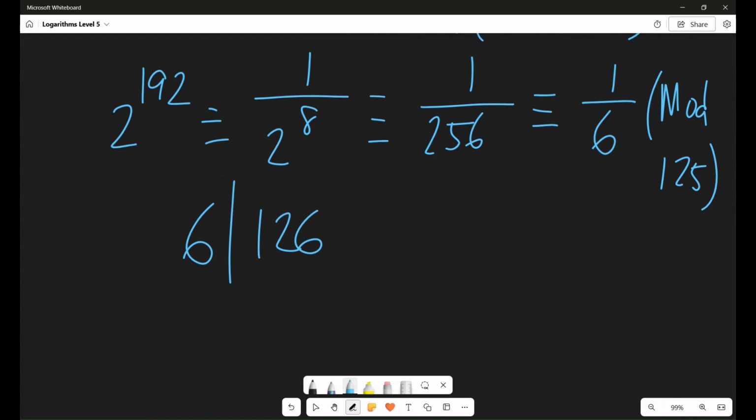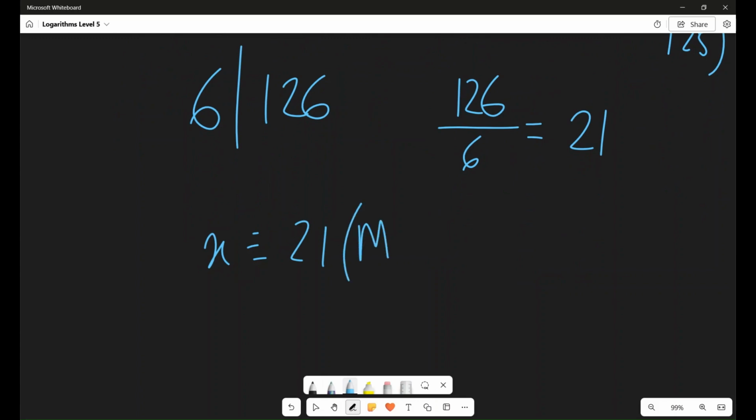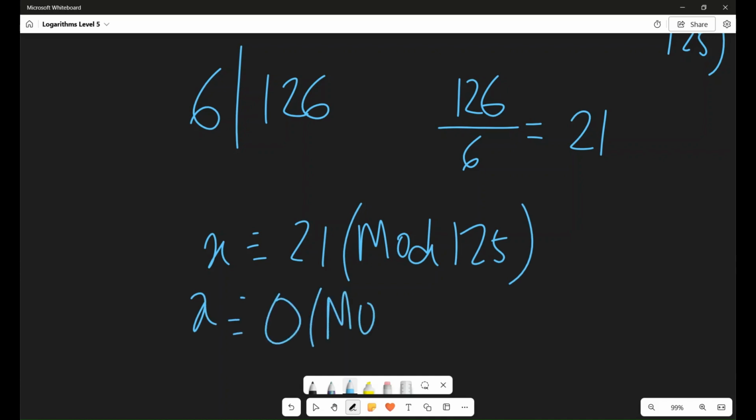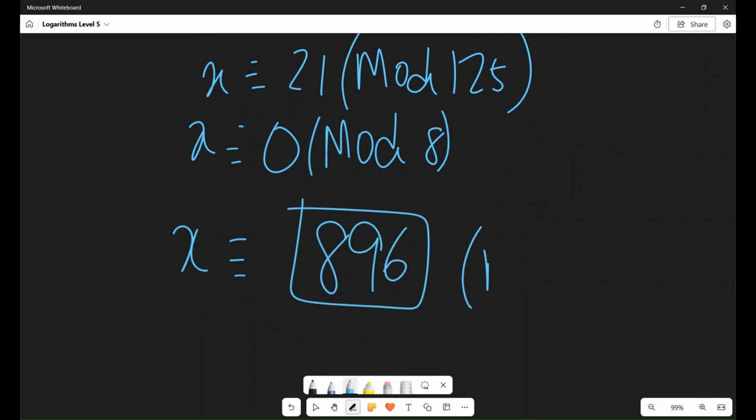The inverse of 6 is just 126 over 6, which is equal to 21. So now we know that x is congruent to 21 in mod 125, and x is congruent to 0 in mod 8. And combining these two parts gives us that x is congruent to 896 in mod 1000.